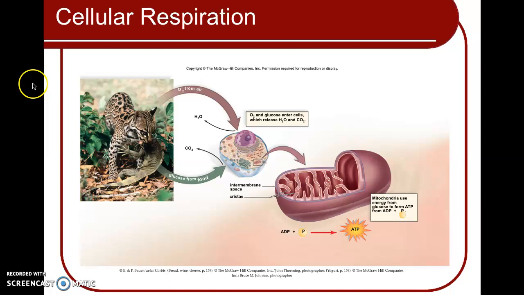The bloodstream then takes those nutrients, whether it's a carbohydrate or a protein, into the vascular system, and those are absorbed into the cells through endocytosis. And that chemistry allows for those nutrients to make their way to the cell.